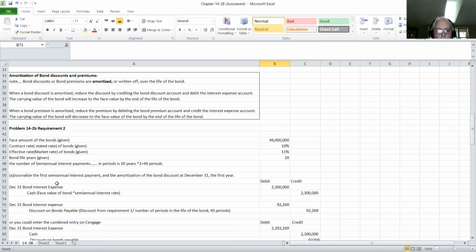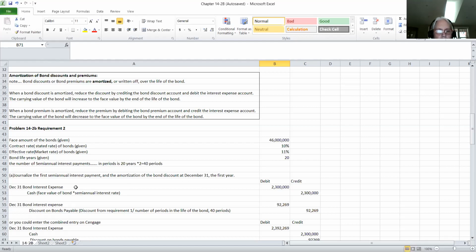What they're asking you for in 14-2B, requirement 2, part A, is to journalize the first semi-annual interest payment and the amortization of the bond discount at December 31st of this year. Now, as an instructor, I like to show students that you can calculate the semi-annual interest payment separate from the amortization of the bond discount.